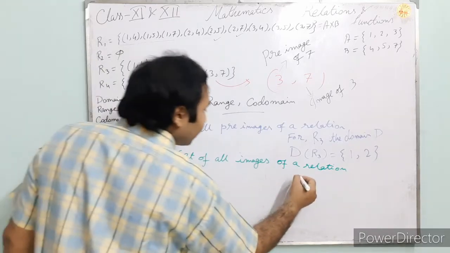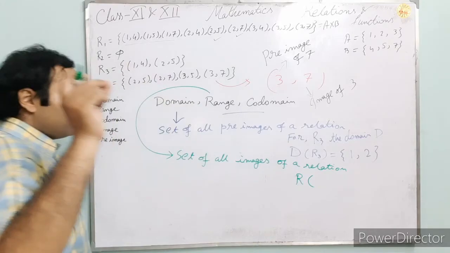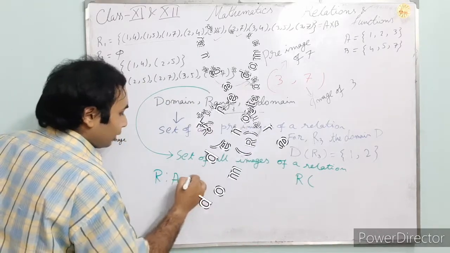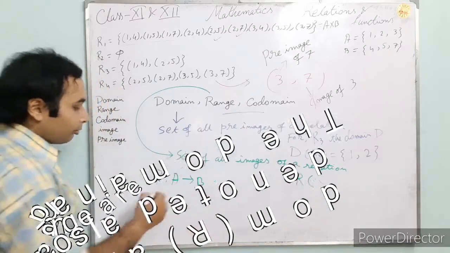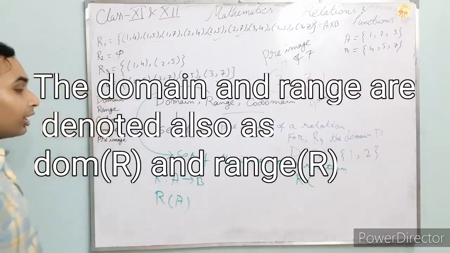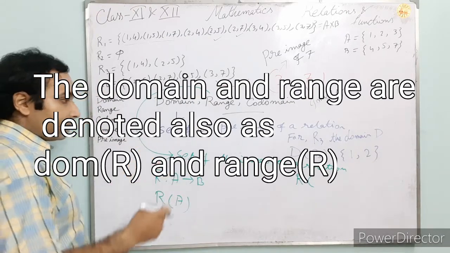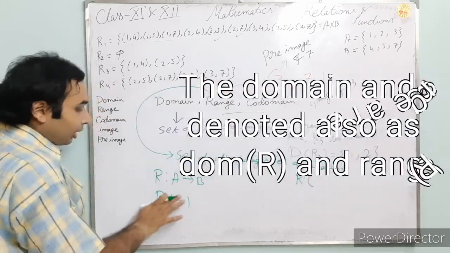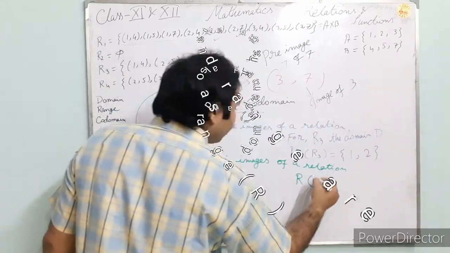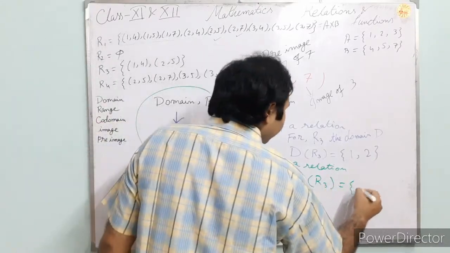It is denoted as R. If it is only R, then it is the relation. But if it is R of A, that is the range of the relation A. Here the range of R3, R of R3, so what are we getting? 4 and 5.